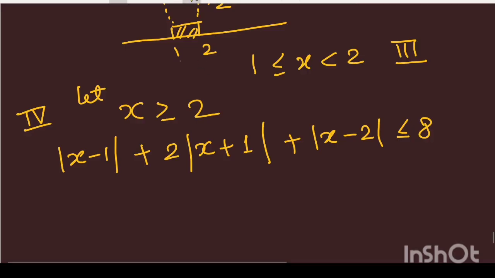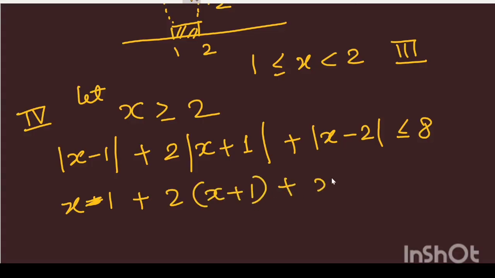So guys, this |x plus 1| is replaced by x plus 1 with a plus sign, again plus sign, so 2 times (x plus 1), again plus sign, so x minus 2 less than equal to 8.